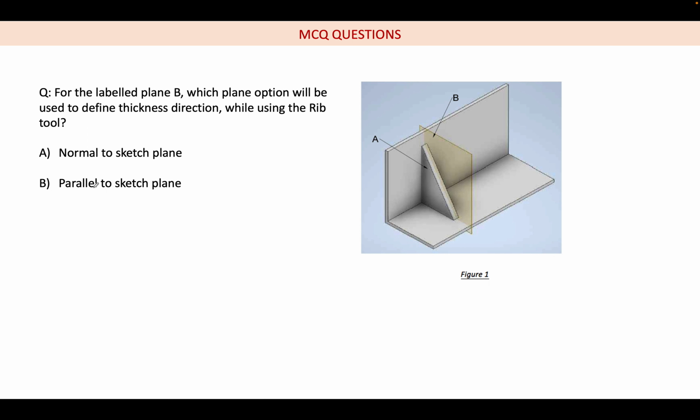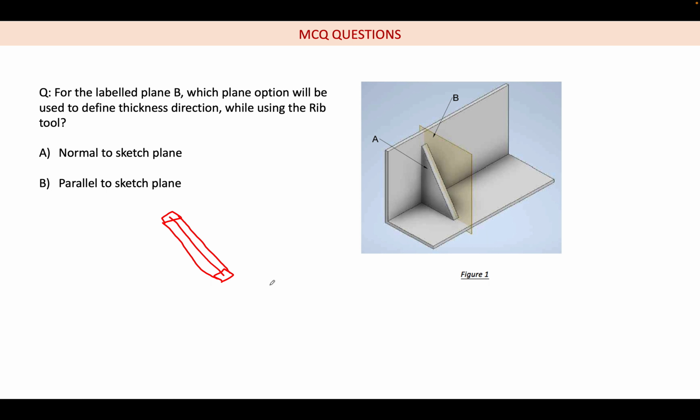I will tell later why that is the option. When you are going to sketch, the line will be like this. When you go normal to sketch plane, it adds some material over here and some material over here and it connects the two things, so you will get something like a rod.